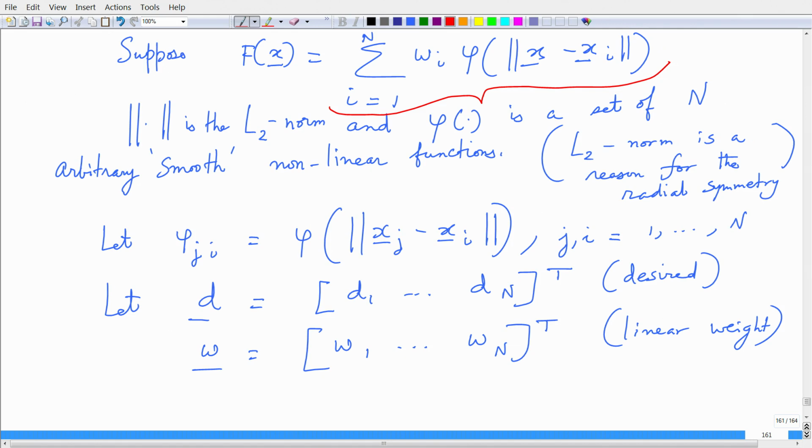We assume that these non-linear functions are smooth, and we look at the Euclidean norm between the data point and some chosen centers xi, and that is how we set this problem up. We have a linear combination of these, and our interest is to solve for the weights whose coordinates are wi, i equals 1 to n.